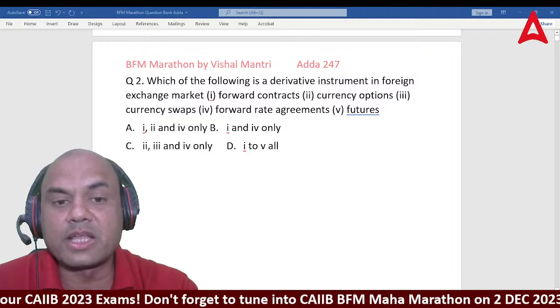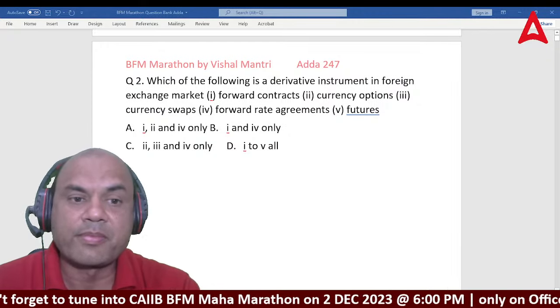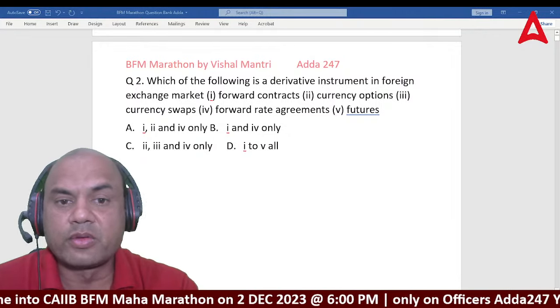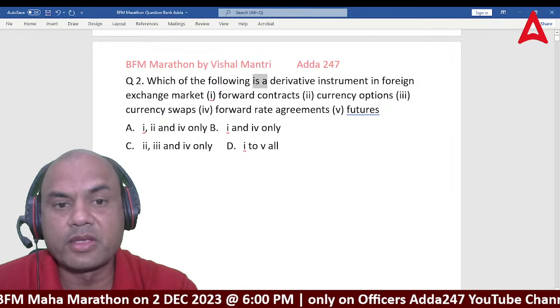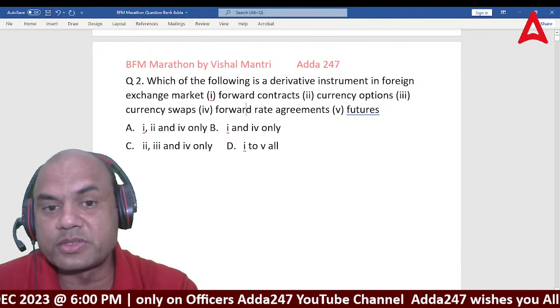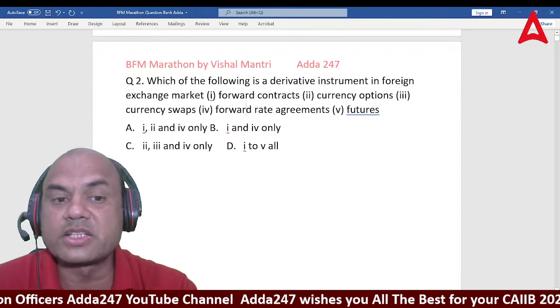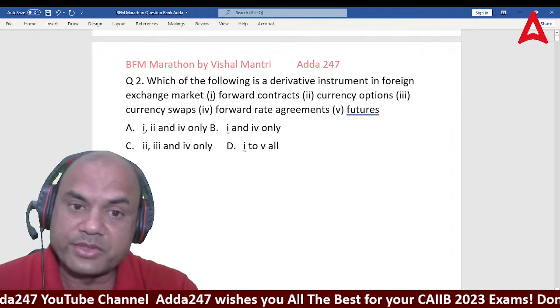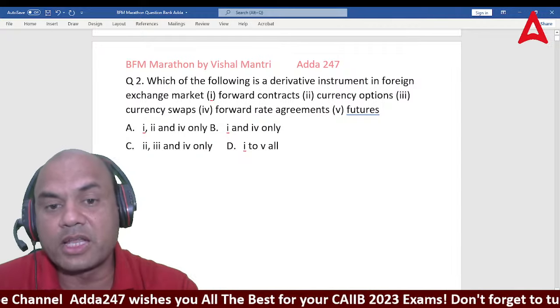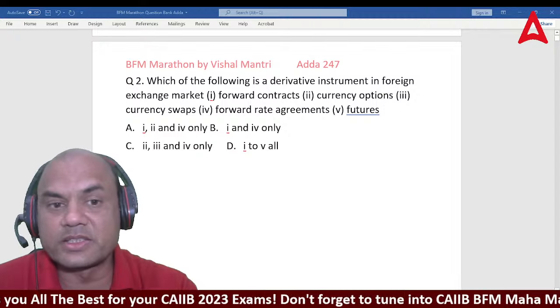So which of them is a derivative instrument? Forward contract, is it a derivative instrument? Currency options? Currency swaps? FRA? Futures? Let me see the answers from your side.